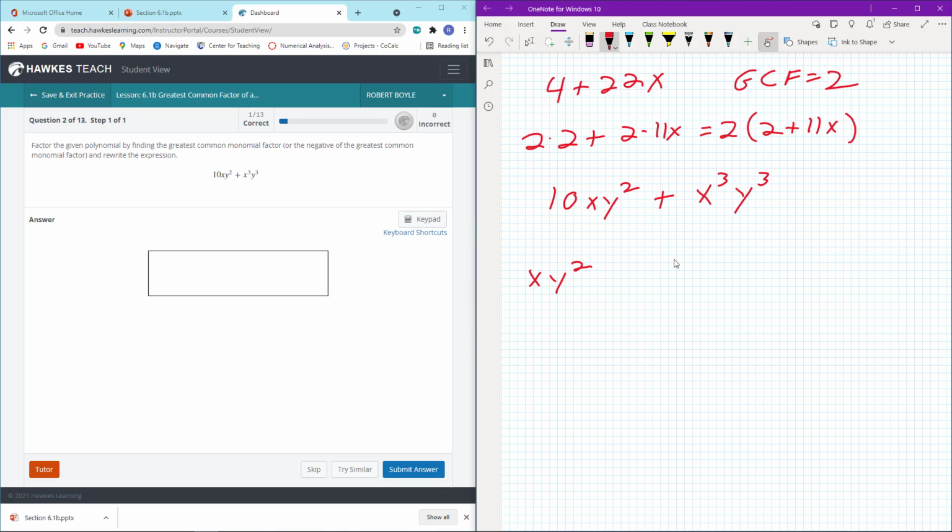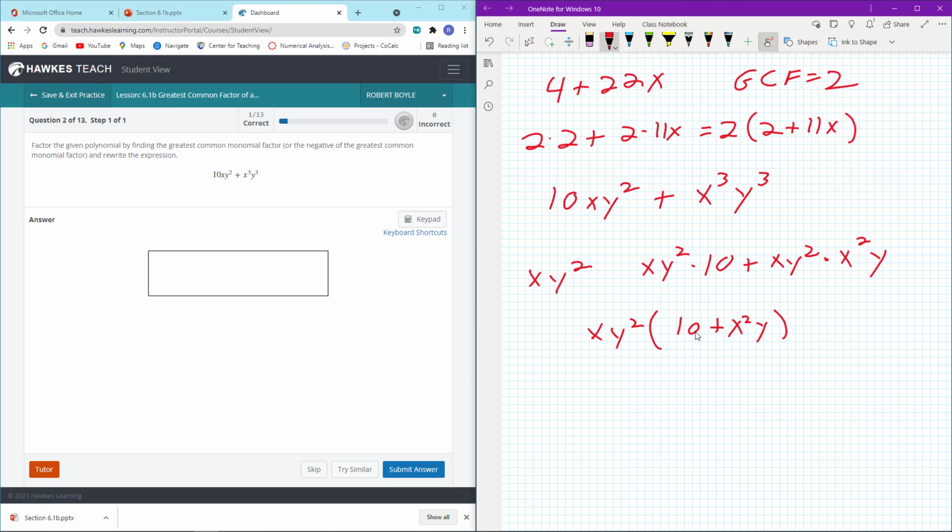As a consequence, we can rewrite this as xy squared times 10 plus xy squared times x squared y. And then factoring out the xy squared, we're going to have xy squared times the quantity 10 plus x squared y. Does that make sense?